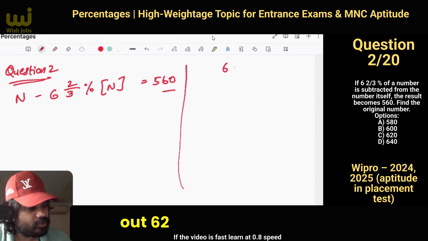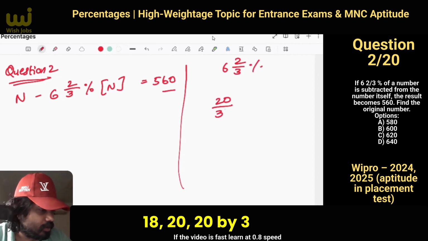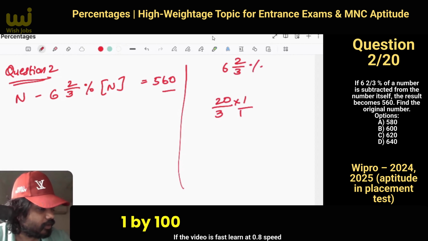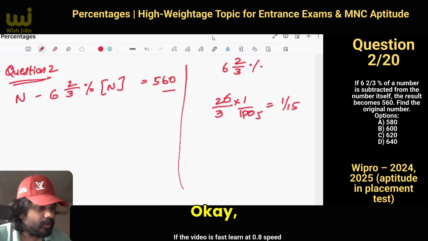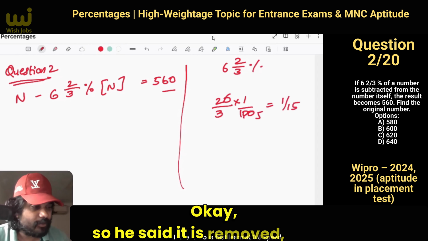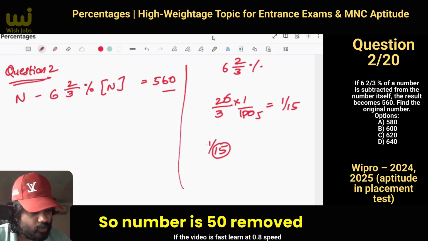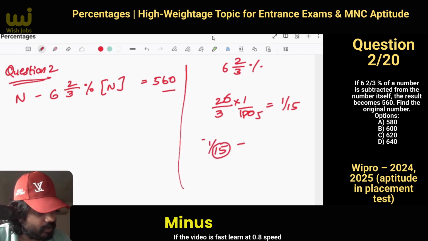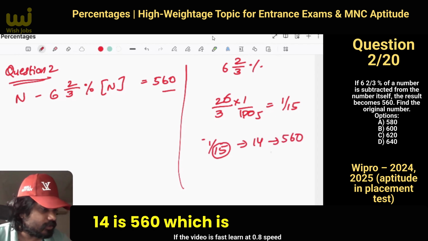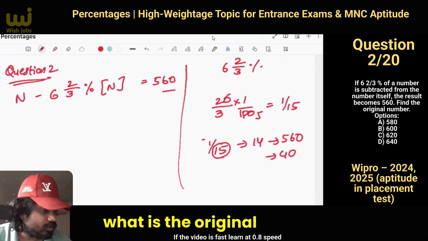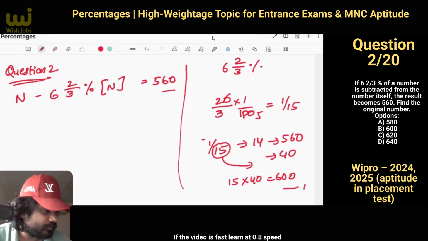First you need to find out 6 2 by 3%. 20 by 3 into 1 by 100, which is 1 by 15. So he said it is removed, right? Removed means it is minus. So number is 15, removed is 1. 15 minus 1 is 14. 14 is 560, which is 40 times. What is the original number? Which is 15 into 40, which is 600. This is the fraction method.